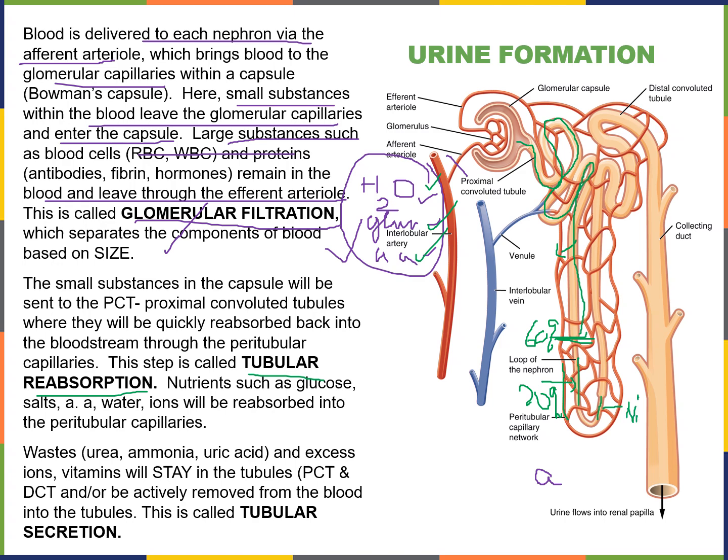So sodium ions will be reabsorbed there, and wherever sodium goes, chloride will go and water will follow. So it's kind of an indirect way to get more water reabsorbed. So that is tubular reabsorption. Everything that I just told you is found in this area right here.